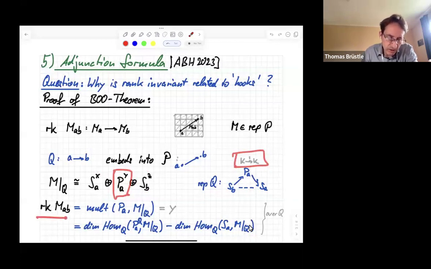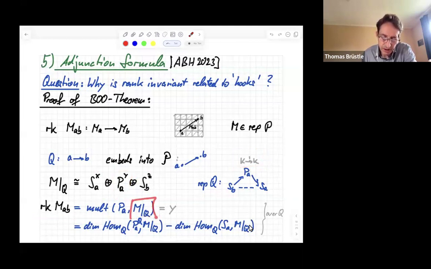So really the rank of this map is the multiplicity, the number of times the projective PA occurs as a summand when I restrict M to the quiver Q. So the multiplicity of PA in M restricted to Q is the rank of this linear map.